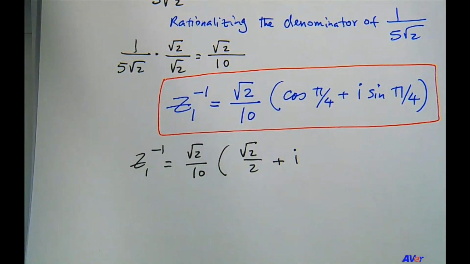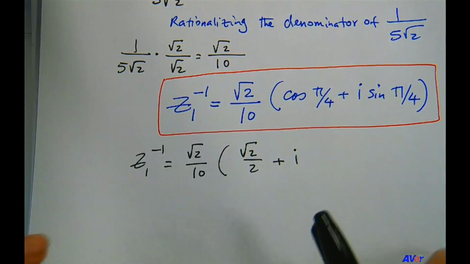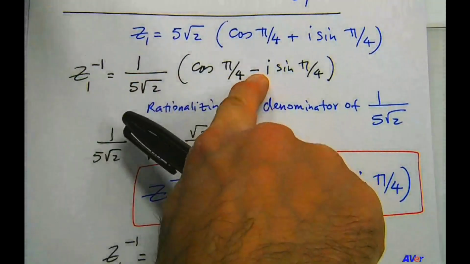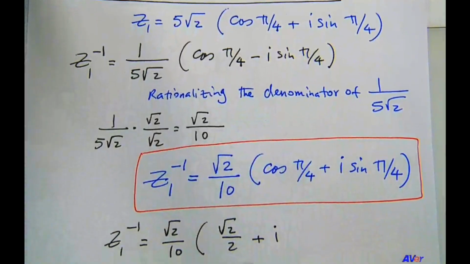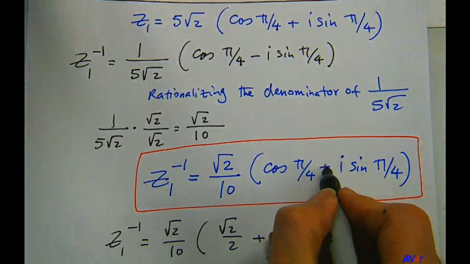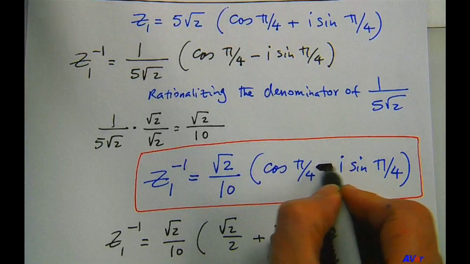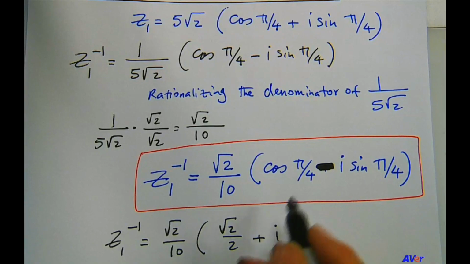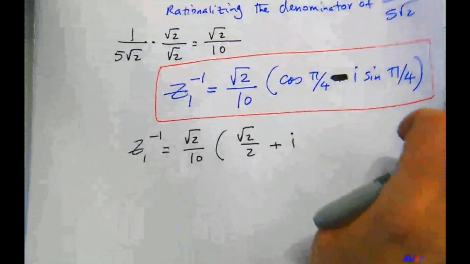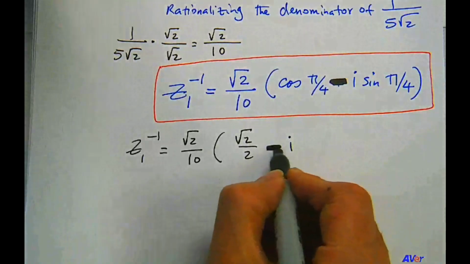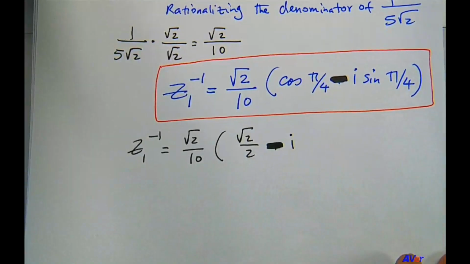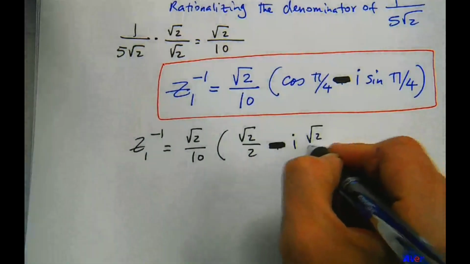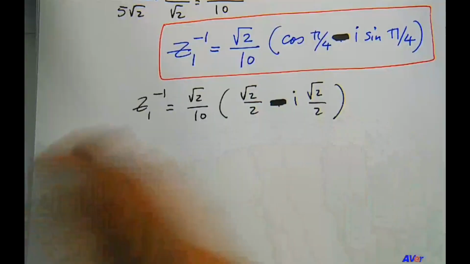yes, so let me correct an error I have here. The z1 inverse, that is minus, not plus, and I have an error here, and that plus should be minus. And that minus means that this plus here also should be minus. Okay. So i times square root of 2 over 2, and then now we distribute.